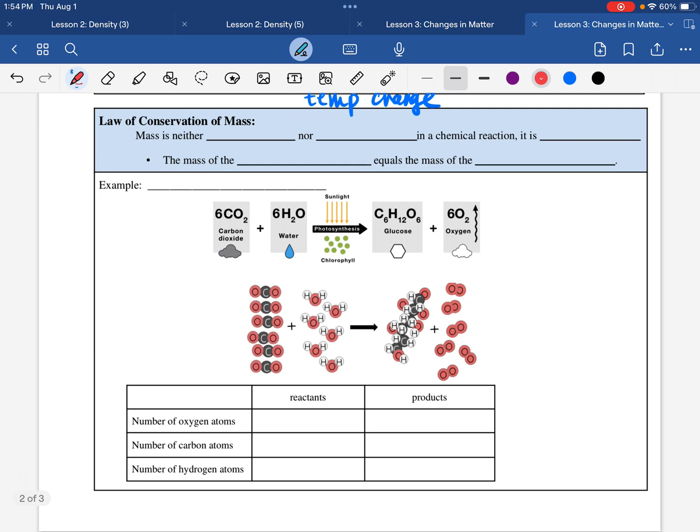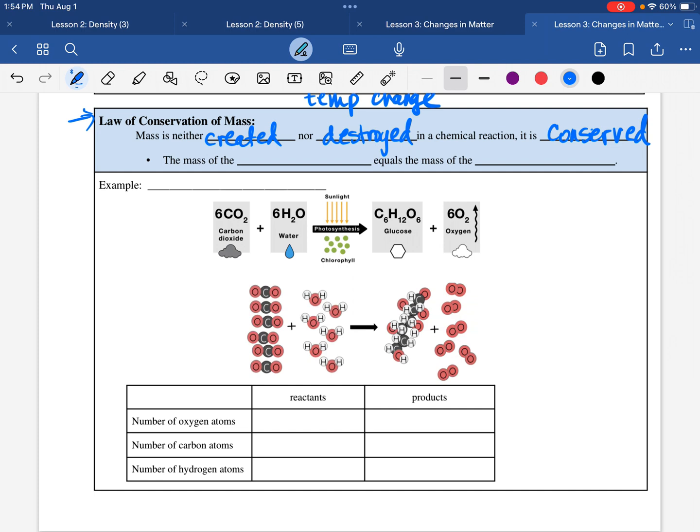All right. The law of conservation of mass. So this is a law in science, and it states that matter is neither created nor destroyed in a chemical reaction. It is conserved, meaning the amount of matter does not change.